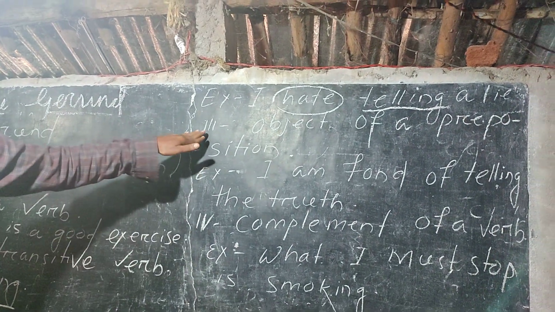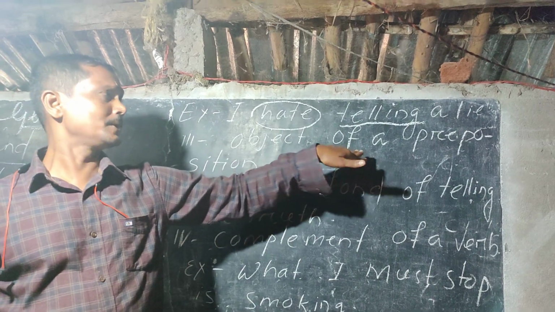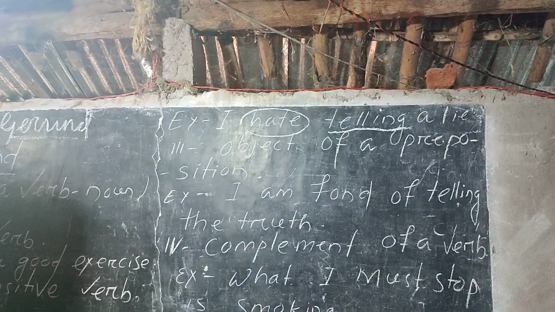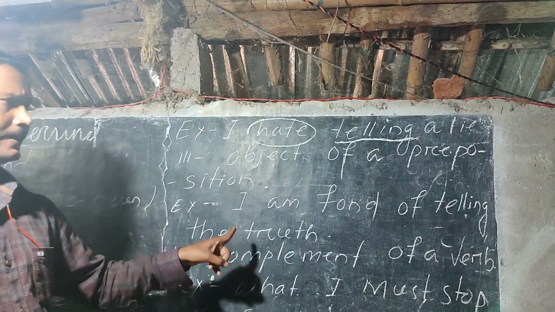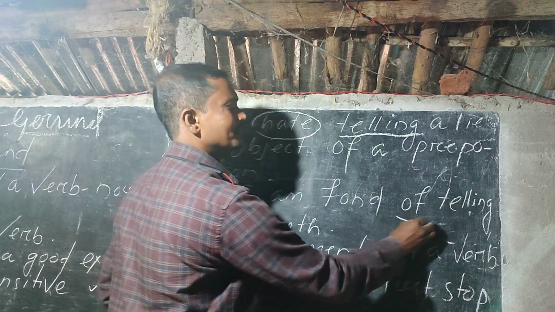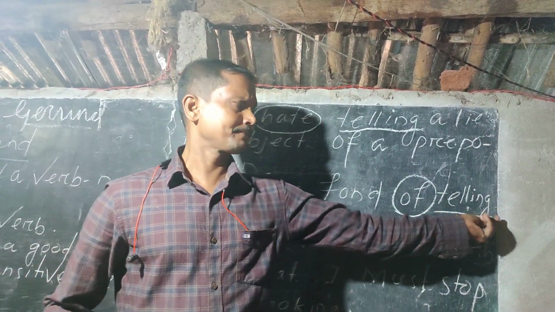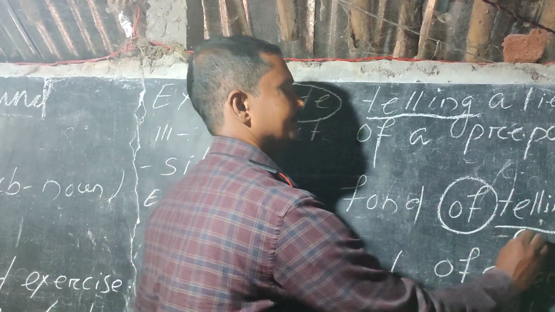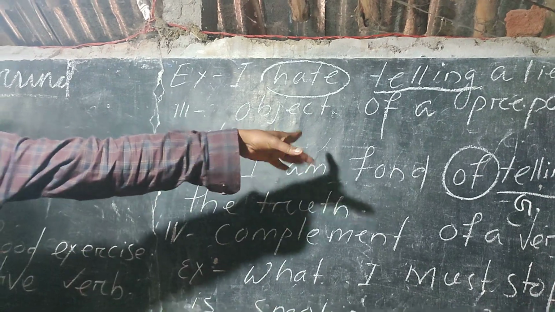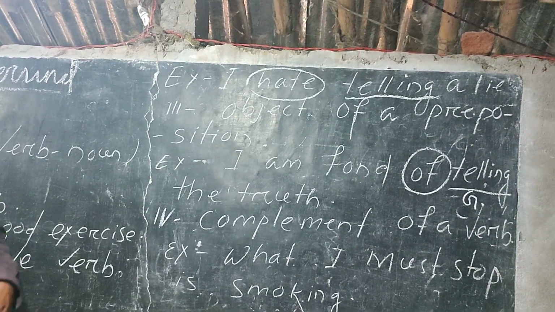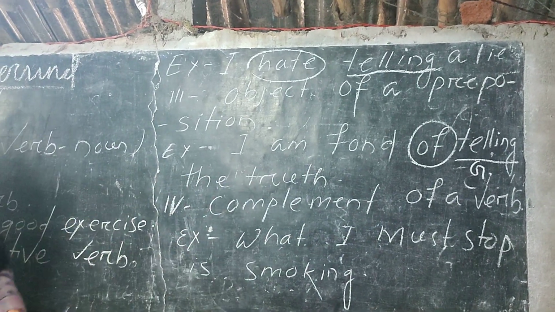And then use number 3. Gerund is used as the object of a preposition. Example is, I am fond of telling the truth, and here of is the preposition, and immediately after of, telling, that means the gerund is used, and such type of use is known as object of a preposition. And then use number 4. Complement of a verb.